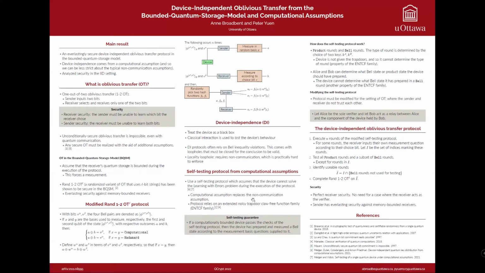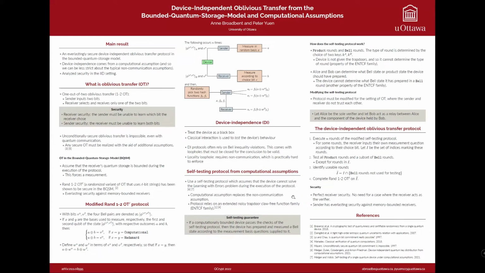Without going into the details of this self-testing protocol, the main thing that comes out of it is that if we have this computationally bounded device passing the checks of this self-testing protocol, then we can say that the device has not only prepared a Bell state, but it's also measured it according to the measurement bases questions that we've supplied it.